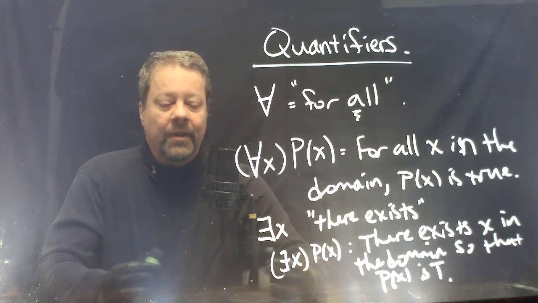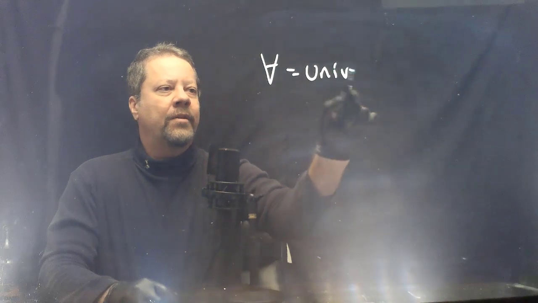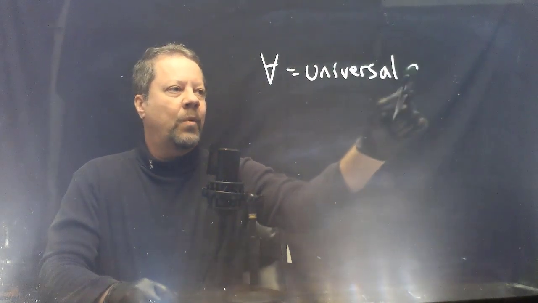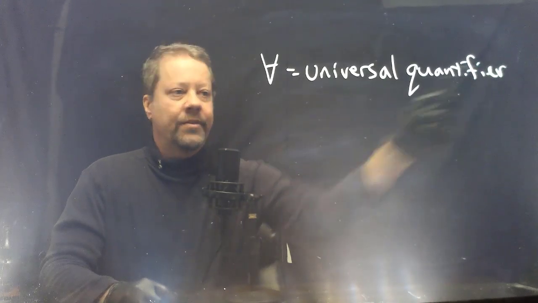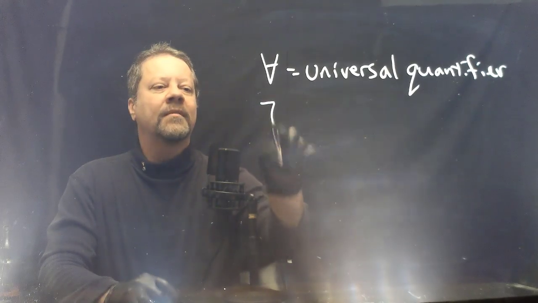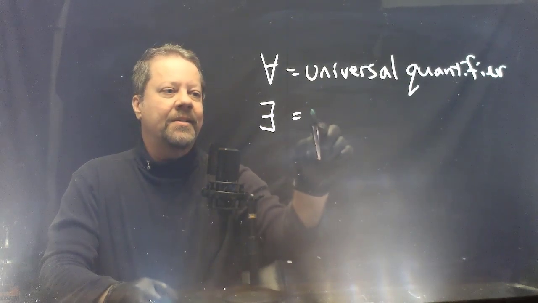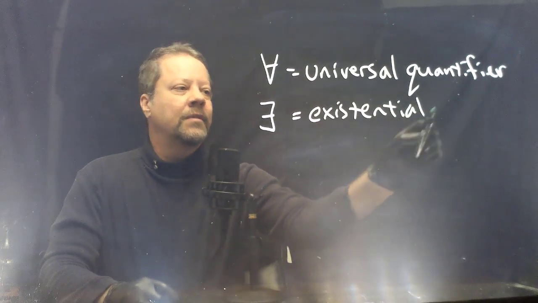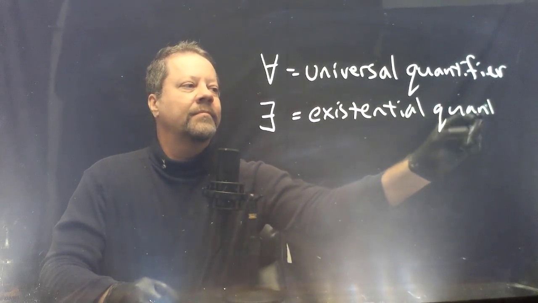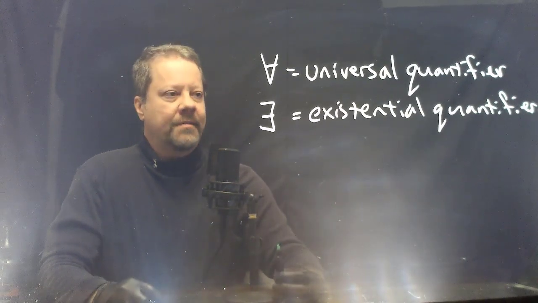Could be all places for all we know, but at least there is one. For all is the universal quantifier. It's true everywhere. And the backwards E, there exists, is the existential quantifier. So there exists something.